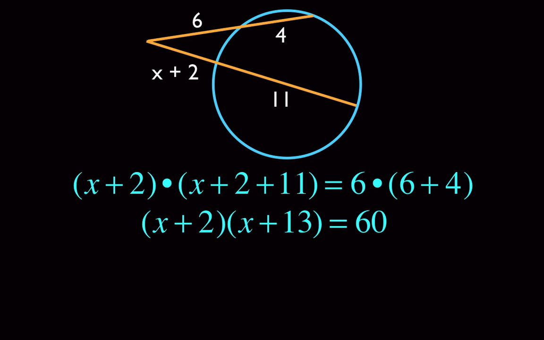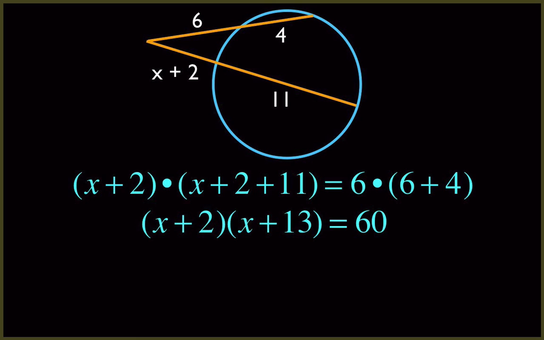Okay, from there, if I want to go ahead and multiply those two things, you could either use FOIL like we talked about earlier, or you could use the generic rectangle that I showed you guys.